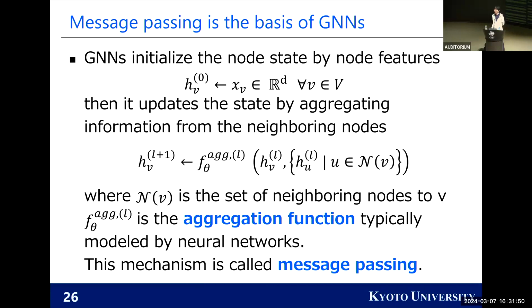The neighboring nodes are the nodes that share edges with node V. This second argument is called message passing. The message is H_U^L, the previous state of the surrounding nodes, and node V receives such messages from the surrounding nodes and computes the next state of the center node.